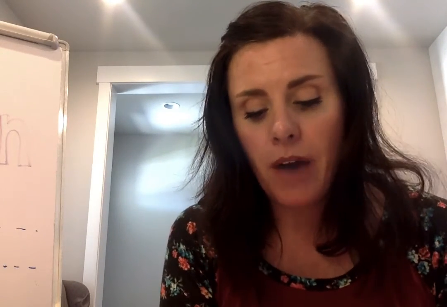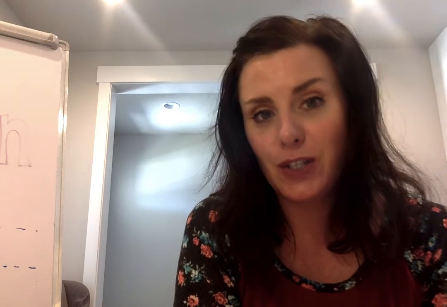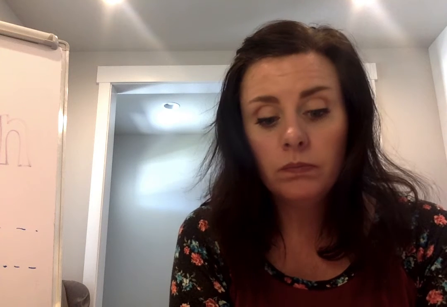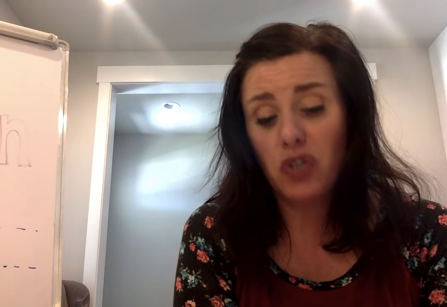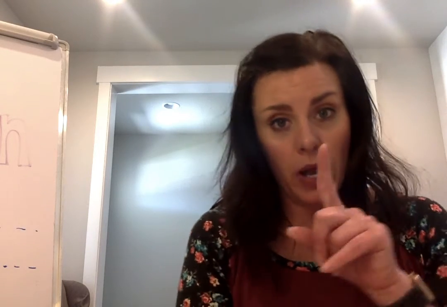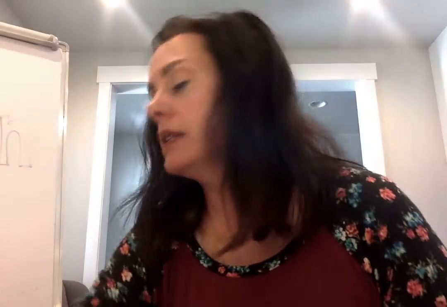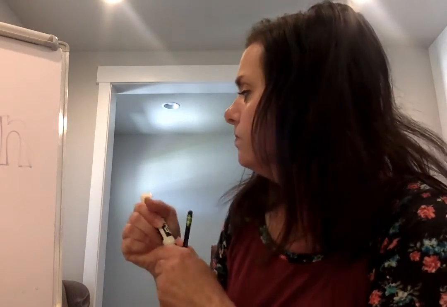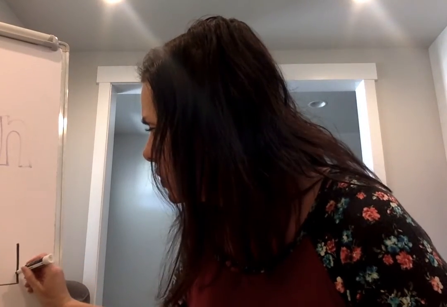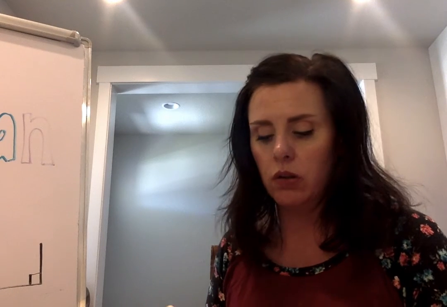Then at the bottom, 5, 6, 7, and 8, it has you sketch a shape that fits the description. Number 5 says a trapezoid with two right angles. Remember, to show a right angle, it's an angle that has a little square in it like that. That's a right angle.